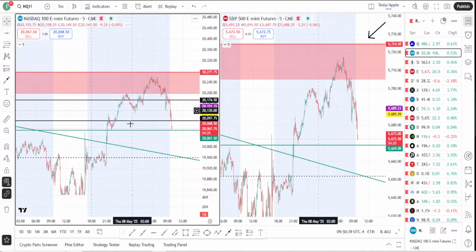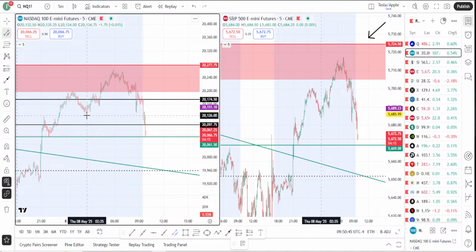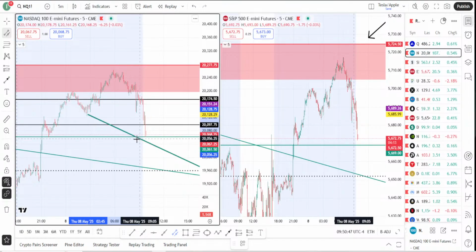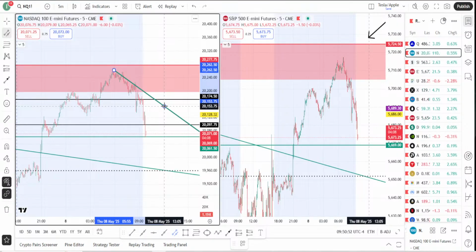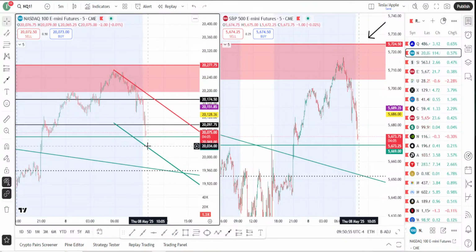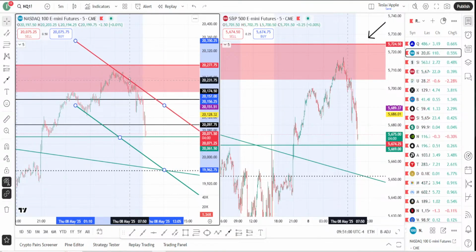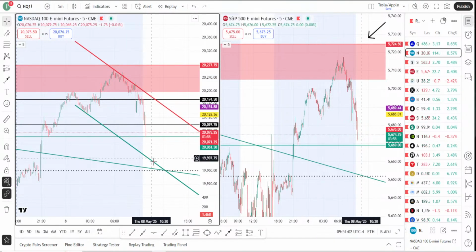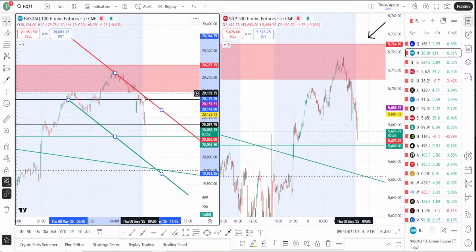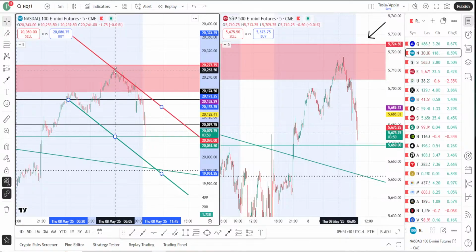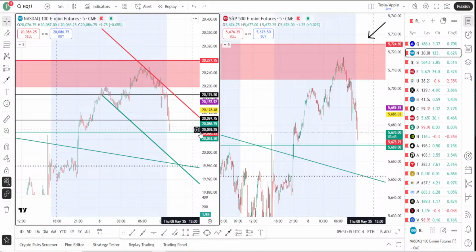If this really is reversing, if this really is gonna start a downtrend, then I want to look for my channel here. Something like this. It doesn't need to be perfect, but just try to make it make sense.